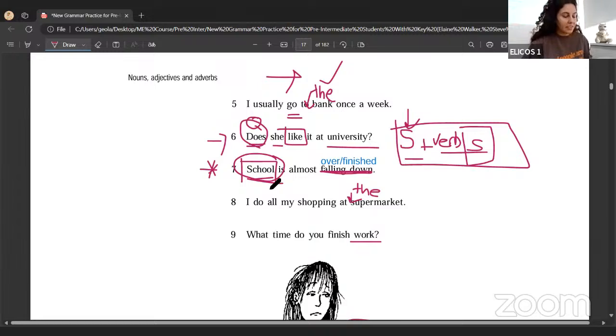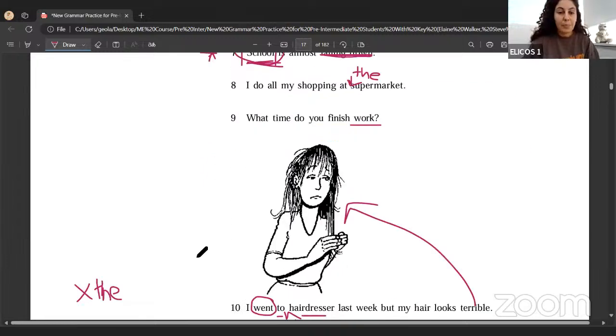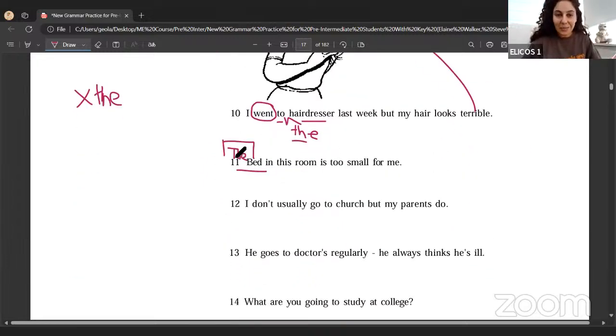School, university, college, any place where you study, you don't start with an article. So just remember, it's only for that word. But we know when we start with the, then yes, the bed in this room is too small for me. Remember to make the be now small because it's not the start of the sentence.